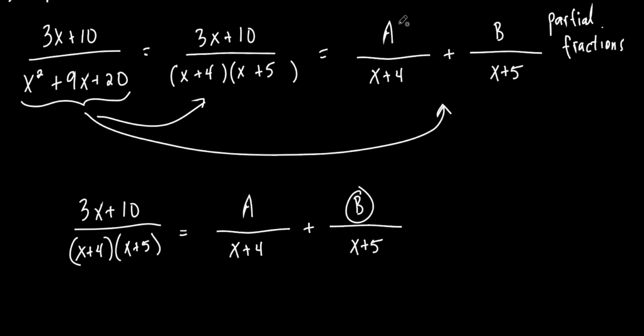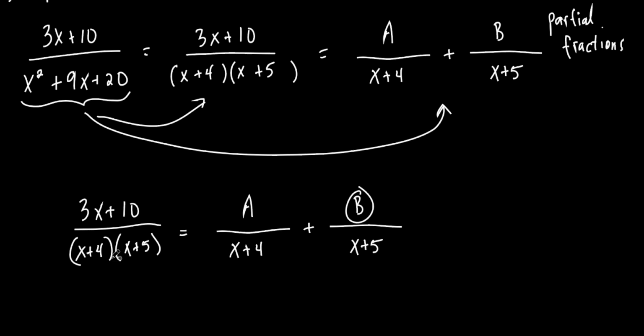So I got to find the a and b. There's a couple little tricks that you have to do. First thing I want to do, I don't like all this fraction stuff. I want to get rid of my fractions. I did a little stuff on Friday to prepare you for this. So what do I do to this whole equation in order to get rid of the x plus 4 and the x plus 5 on the bottom? Multiply everything by the common denominator, which would be what?